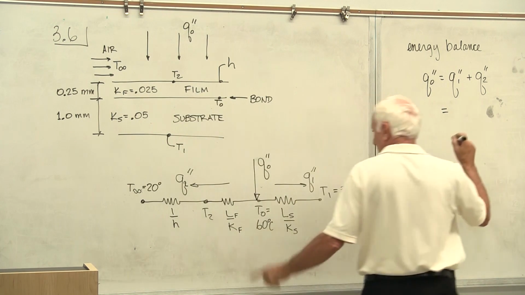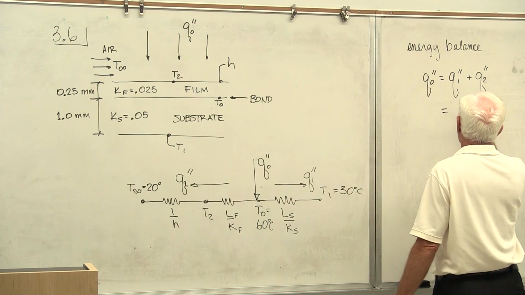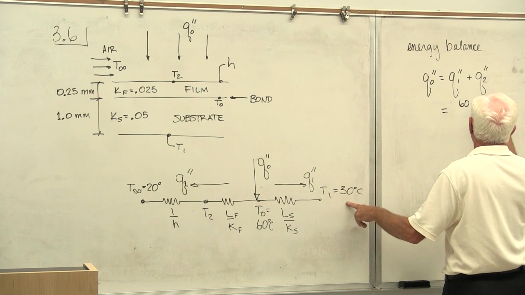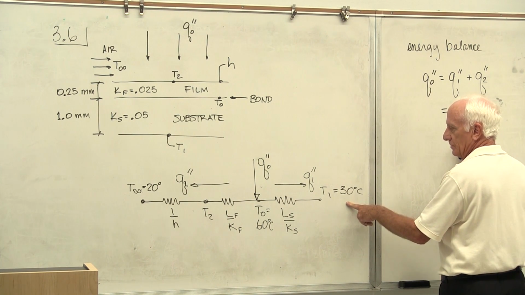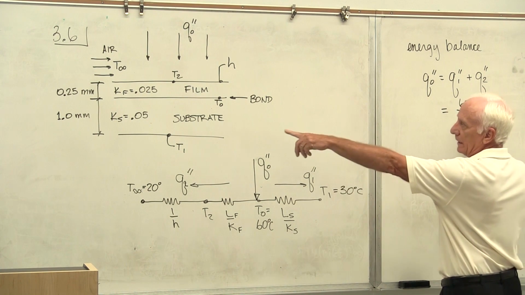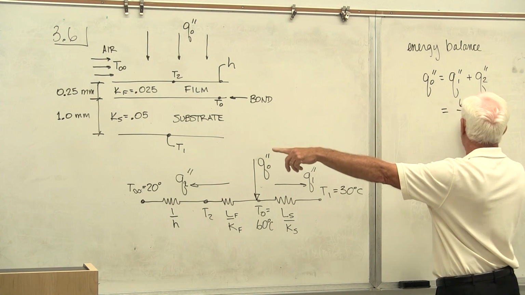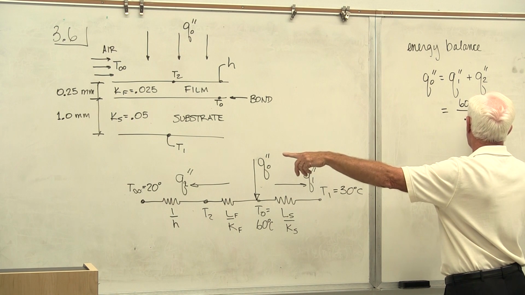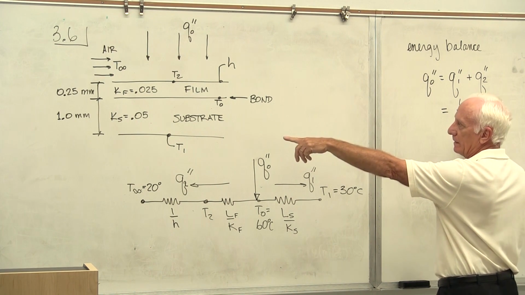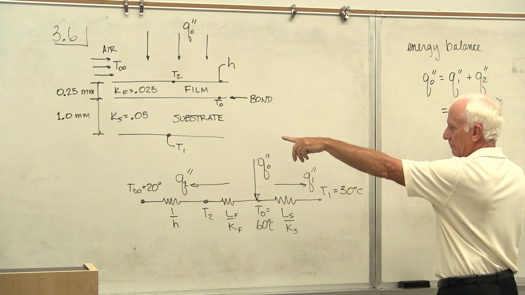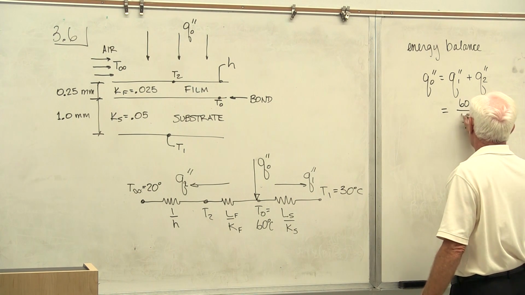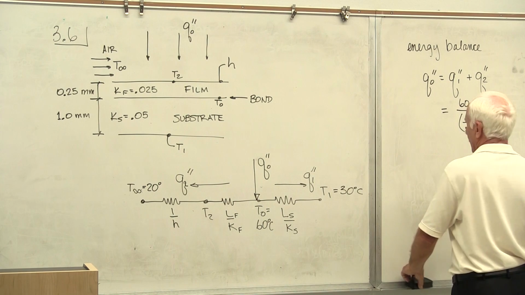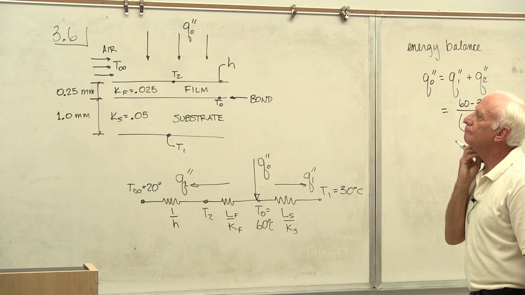Hot temperature, 60, minus cold temperature, 30, divided by the sum of the resistances between those two nodes. LS, substrate, 1, divided by K substrate, 0.05.